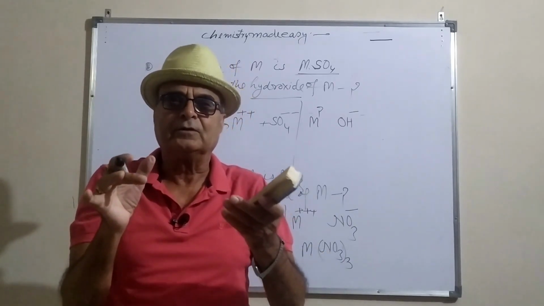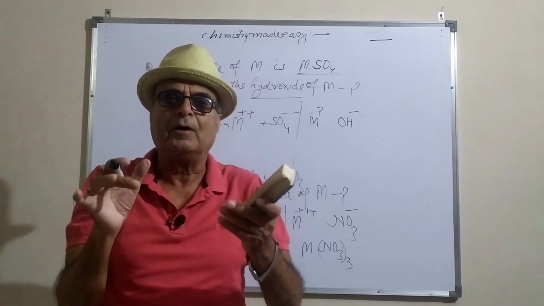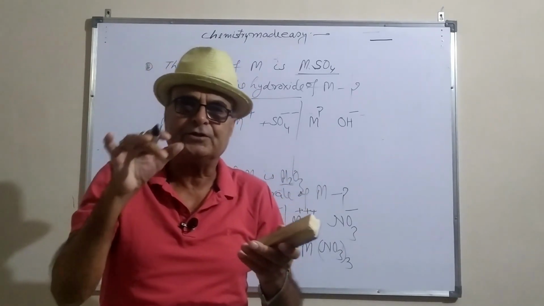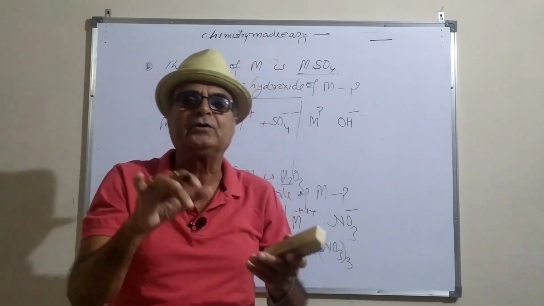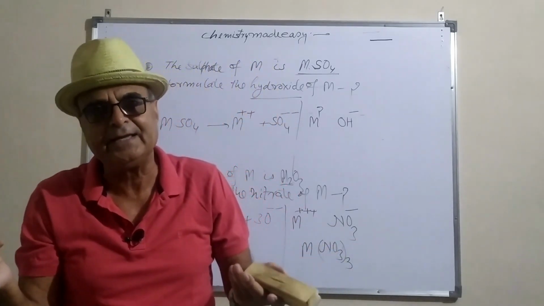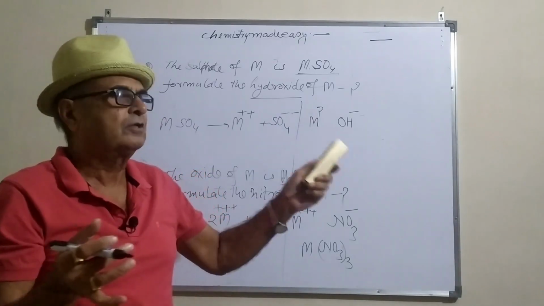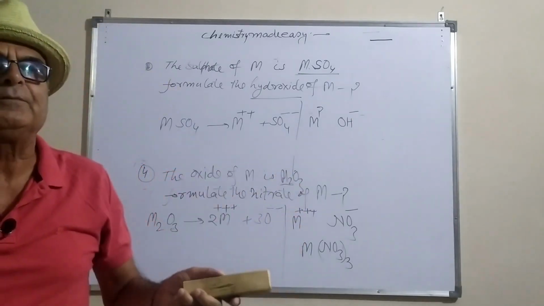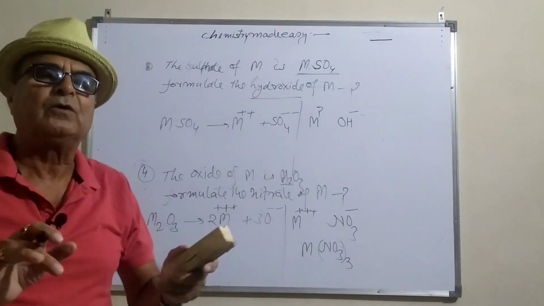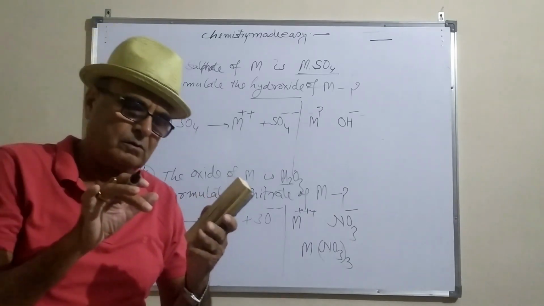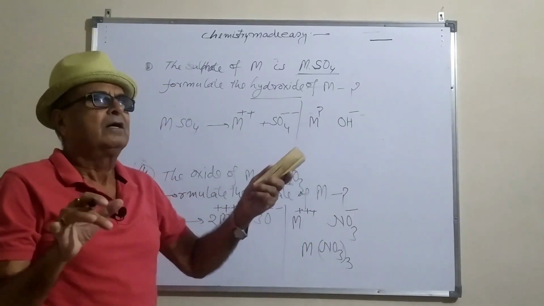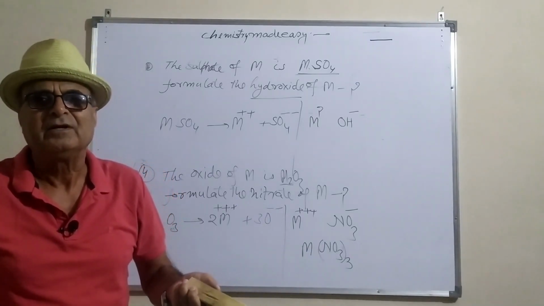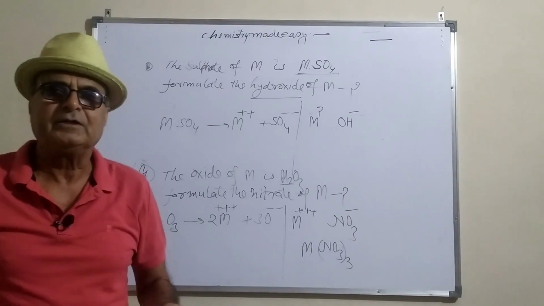The table will contain single positive, double positive, single negative, double negative, all types of cations and anions. You should note the table, pause it and note it in your notebook. Then remember it. Try to remember. Make practice.